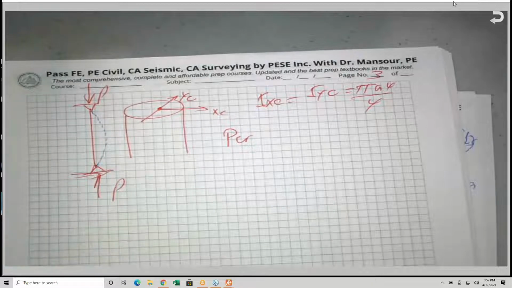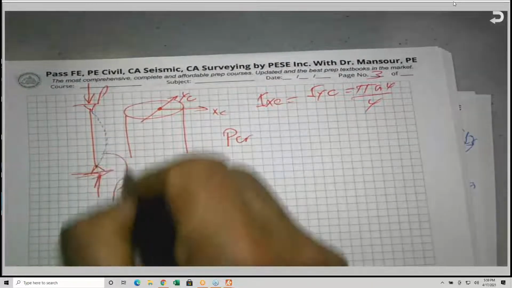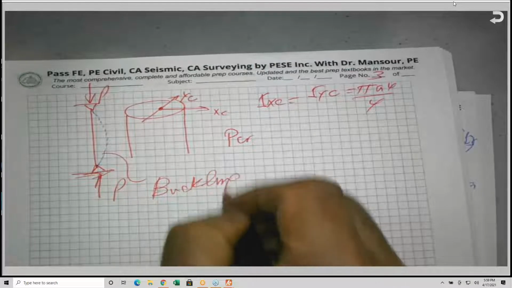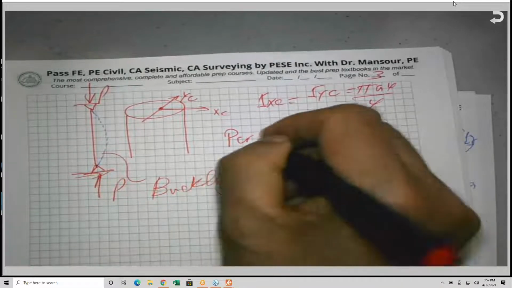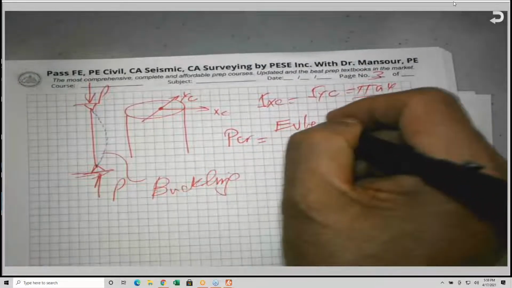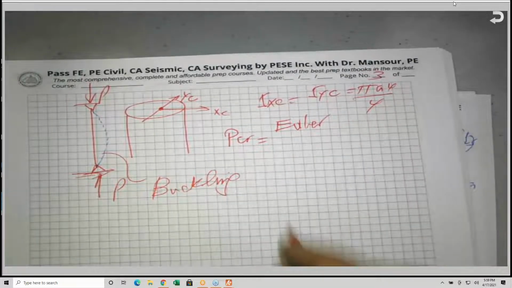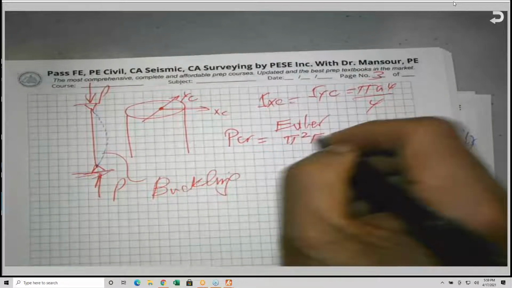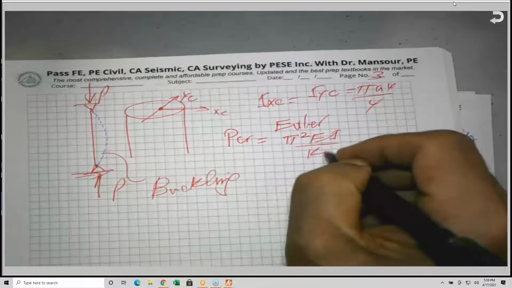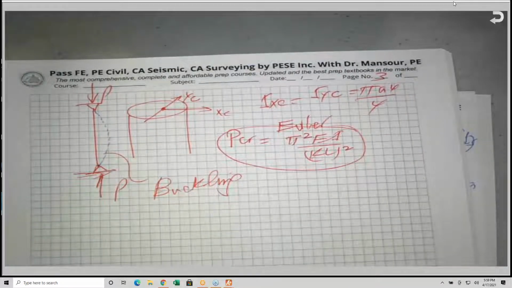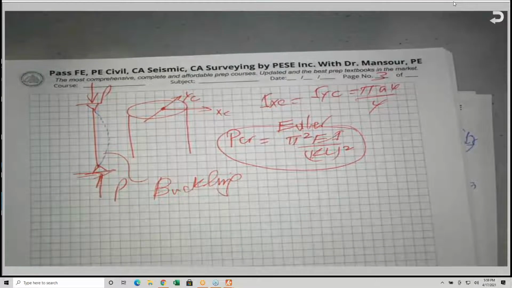Buckling is one of the failure modes. One professor, Euler, a Swiss mathematician, came up with the Euler buckling formula, and we're going to see it is pi squared EI divided by KL squared. It's called Euler's buckling formula.